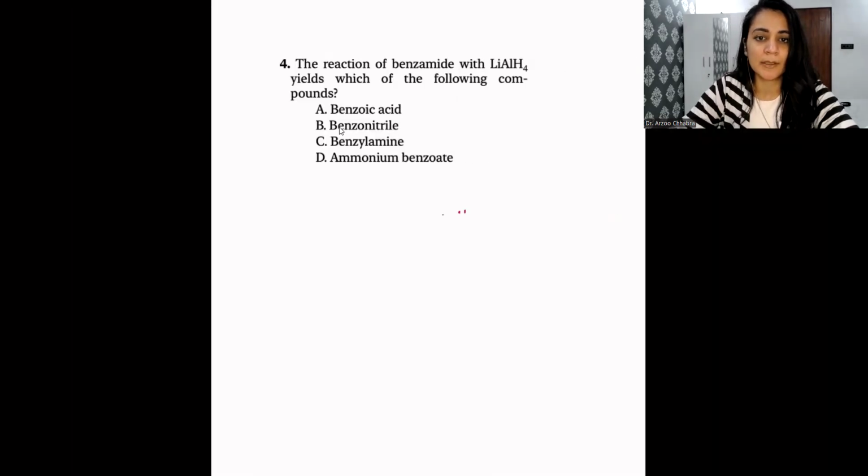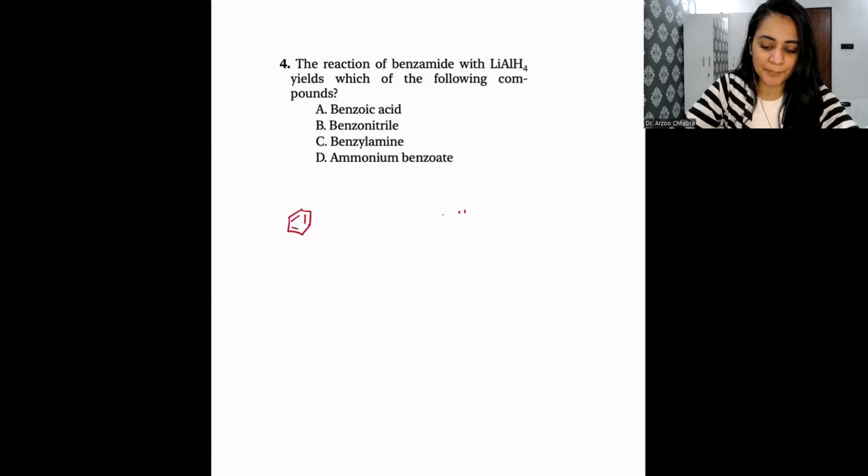Okay. The reaction of benzamide with lithium aluminum hydride yields which of the following compounds? Let's first think about what a benzamide is. So this is benzamide. We are using a reducing agent, which is lithium aluminum hydride.